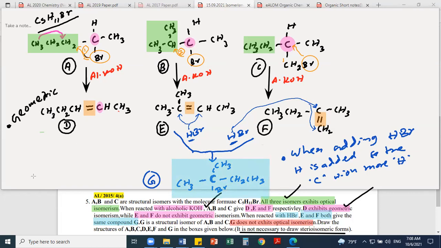Any questions? Please raise the hand without looking at the marking scheme or without looking at the answers. Those who got all 7 structures perfectly correct, please raise the hand. Without looking at any marking scheme, those who had done with this understanding, how to add HBr, how to remove HBr, how to draw the geometric isomer, how to draw the optical isomer, with this understanding, all 7 structures are perfectly correct. Right. No one.